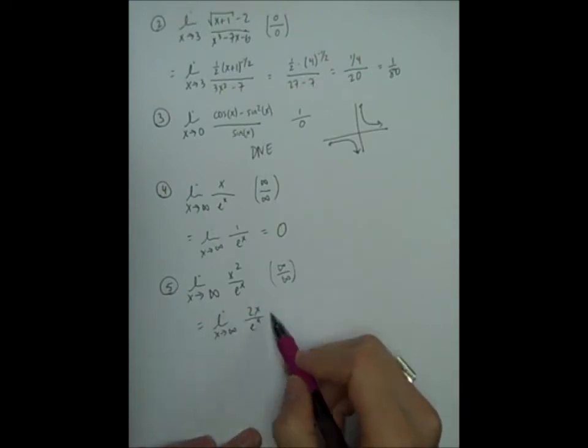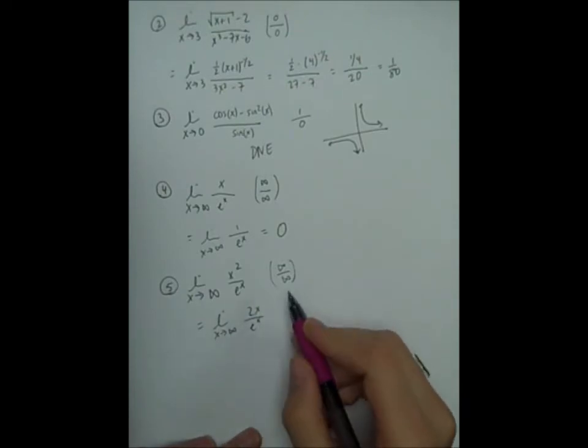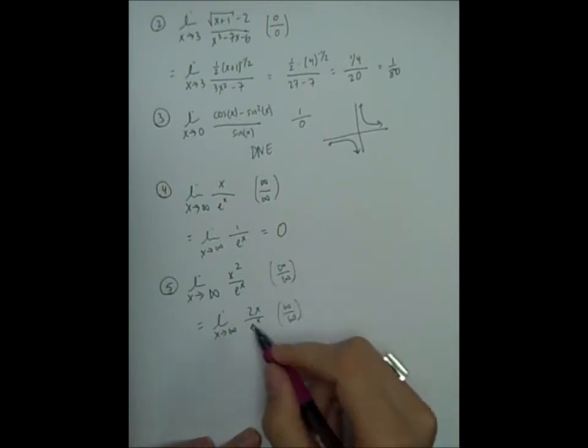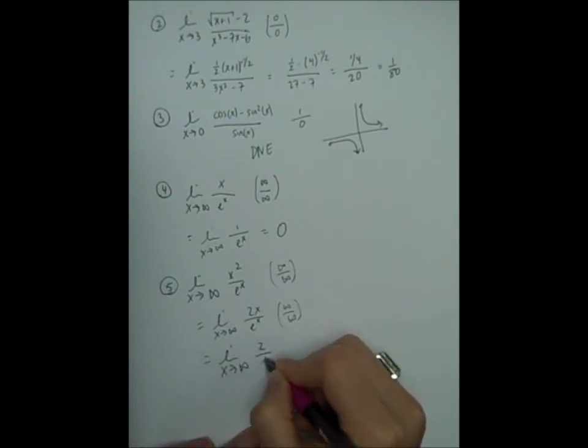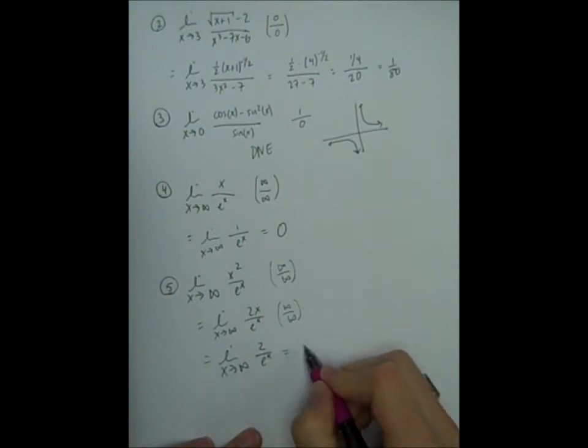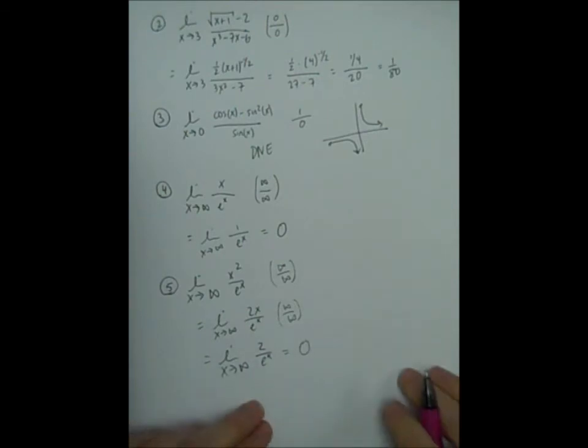And now let's see about this one. If I plug in infinity to the top and bottom again, I get infinity over infinity. Still of an indeterminate form, so I'll apply L'Hopital's rule again. And now as the bottom gets larger and larger, the top stays the same, so I get 0. So you can apply L'Hopital's rule as many times as you need to, just until you can actually evaluate the limit.